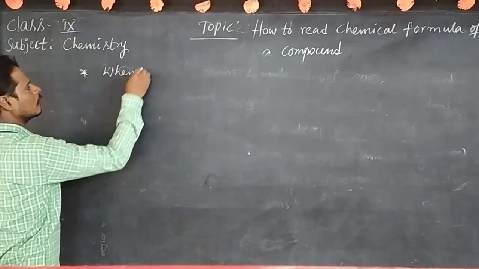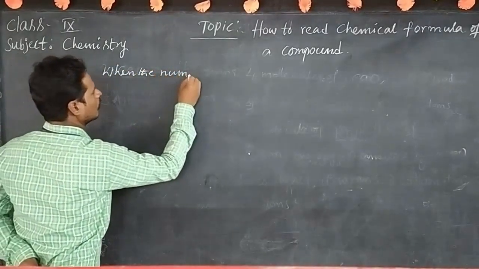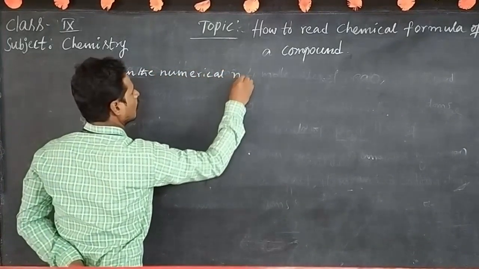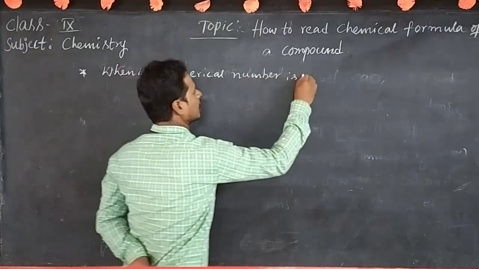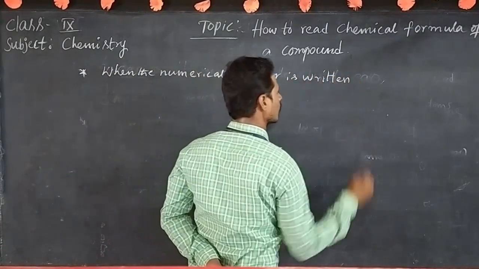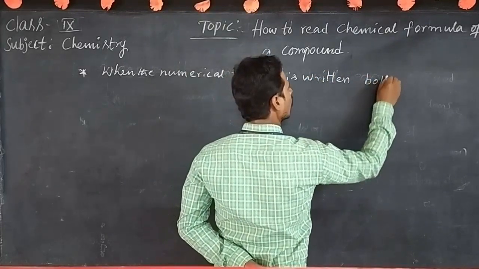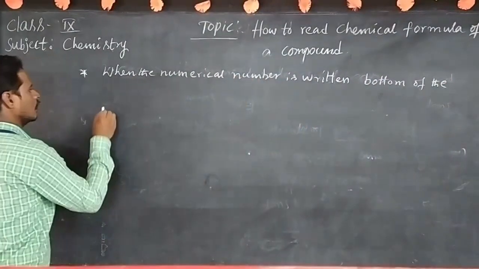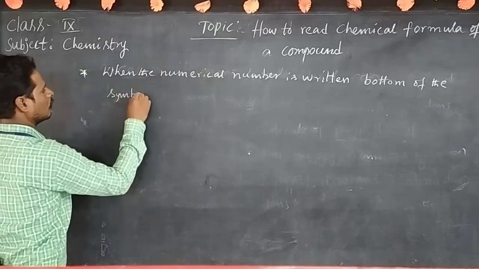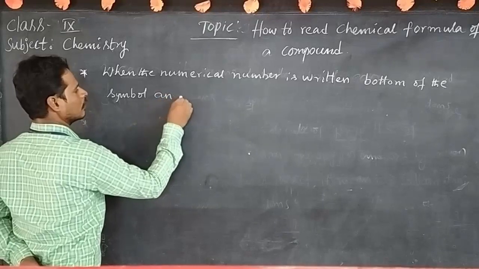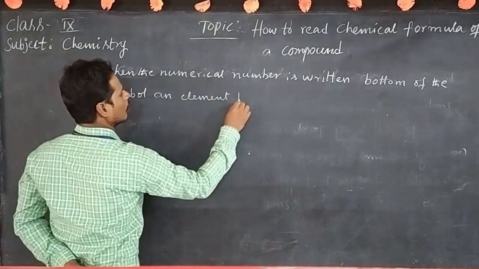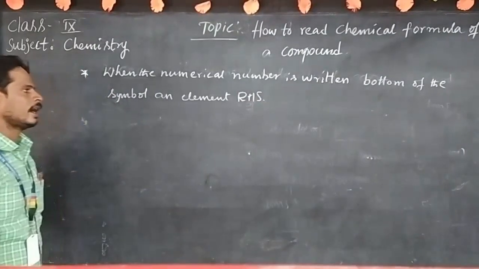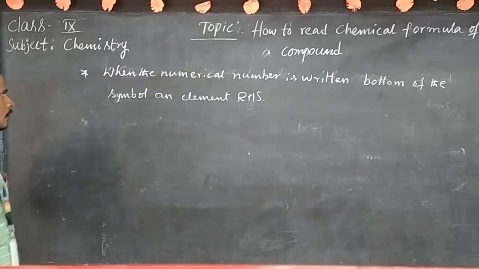When the numerical number is written at the bottom of the symbol of an element, on the RHS.